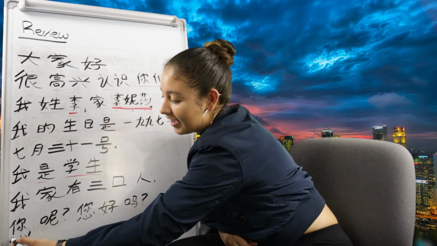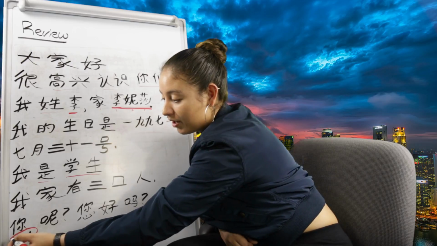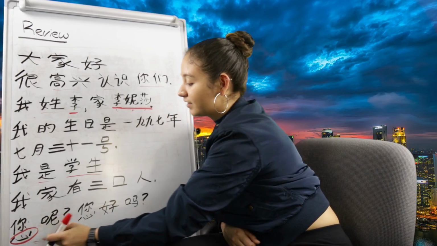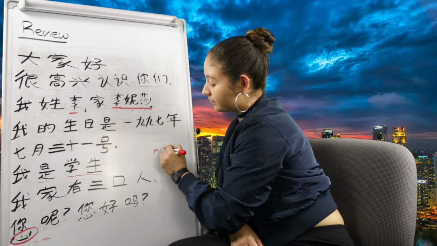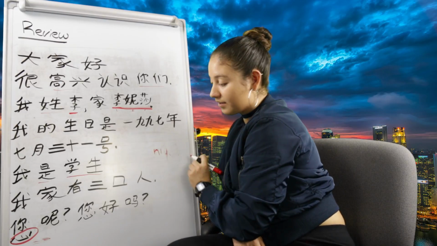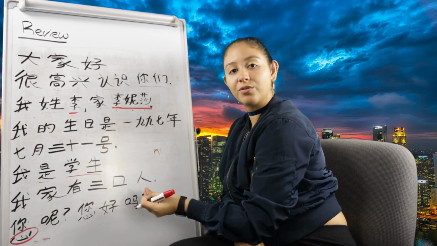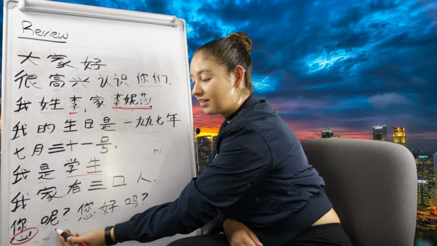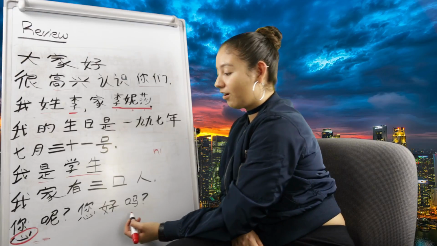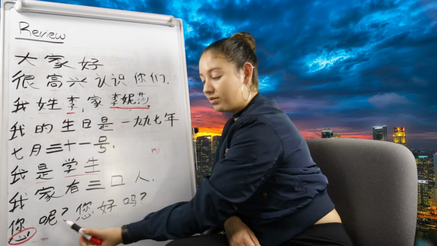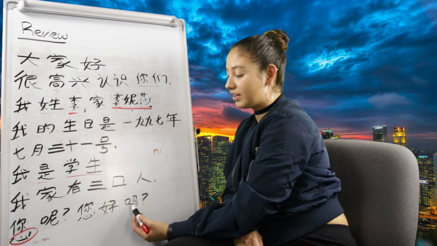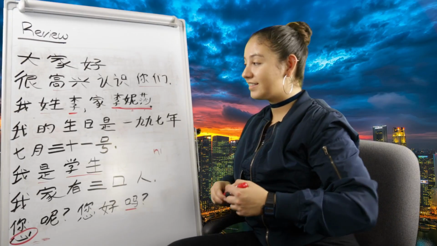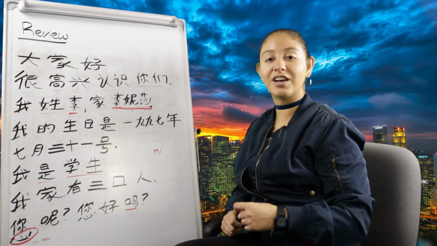As you see, I added the heart in the bottom of 你, making it 您. 您 instead of just 你, to make it a little bit more formal. I want to be more formal with you guys. So 您呢? 你好吗? Meaning and you? How are you doing? Are you doing good? Yes or no? So that is our review for everything that we've learned.